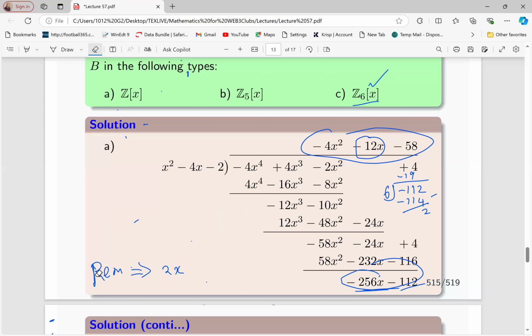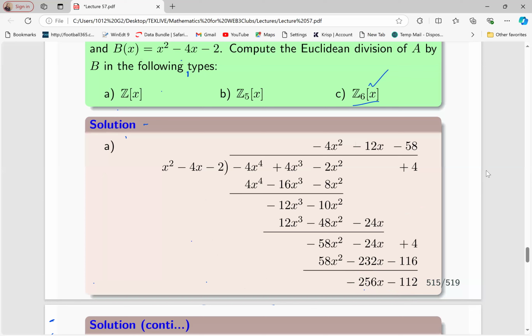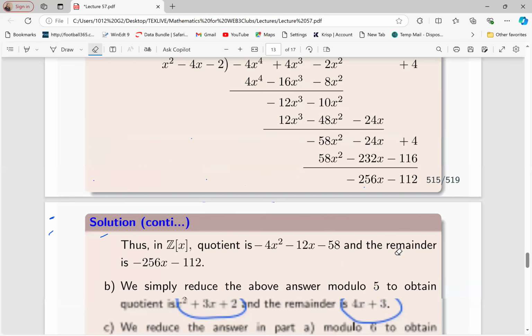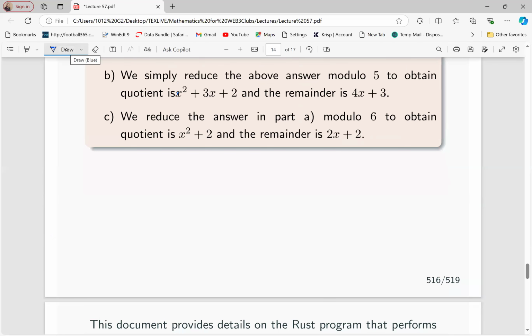At every point, as you do the division, maintain your results mod 6 if you want. But you can do it without caring. Just do it normally, then reduce the answers mod 6. The way I've done that. This is what we've just gotten. Those are the results.